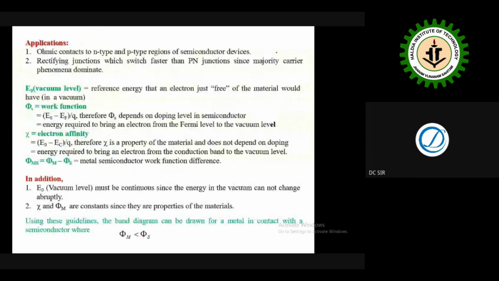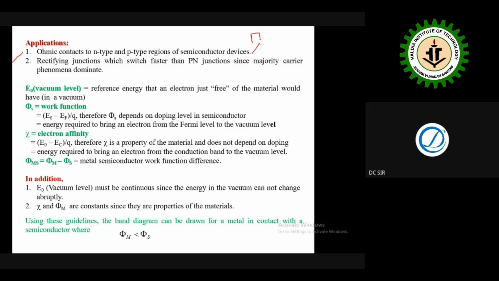So before that, again we see the application of the PN junction, metal and semiconductor junction, which we already discussed in the previous slide. Number one, ohmic contacts to N type and P type regions of semiconductor devices. Because in every device we need to make a contact.